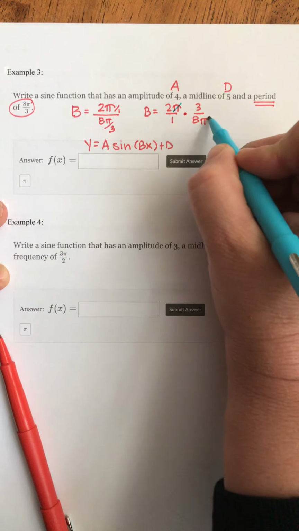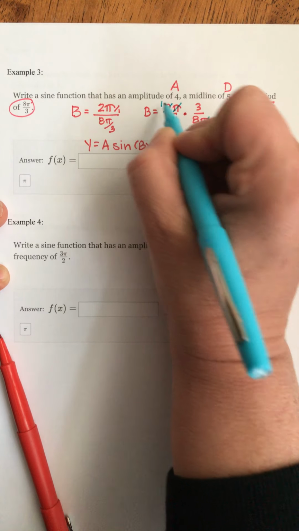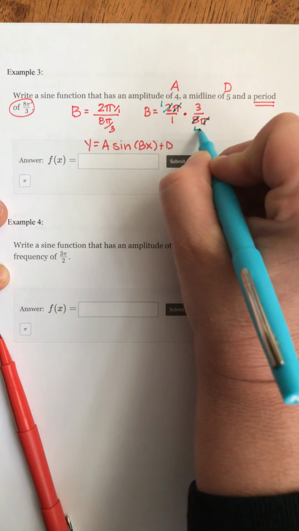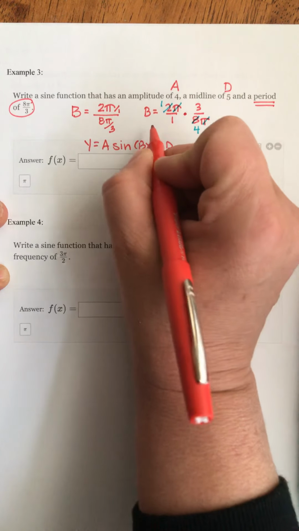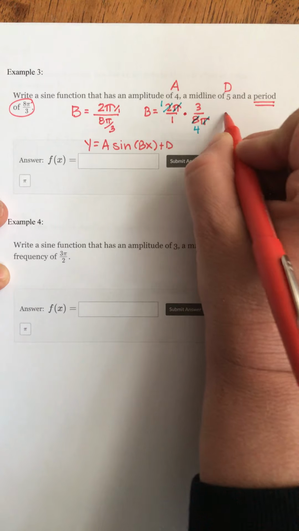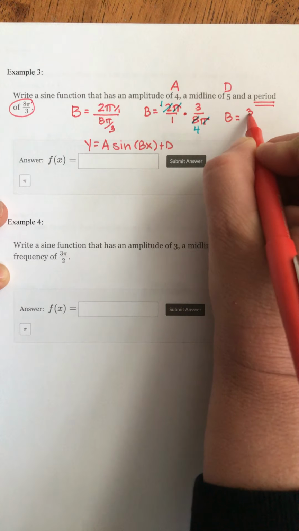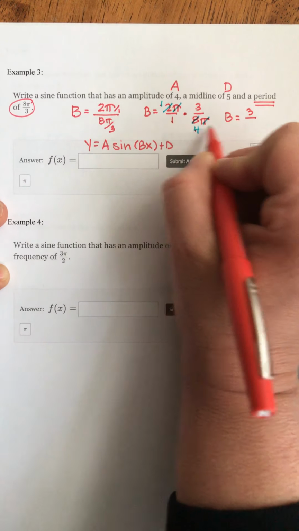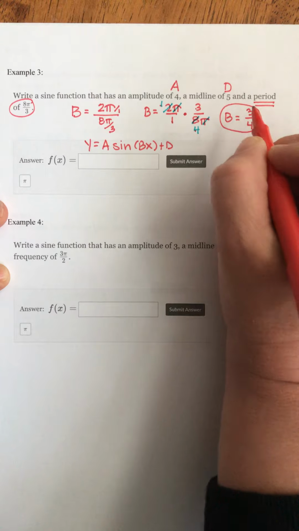The pi's cancel, and 2 and 8 have a common factor of 2. 2 divided by 2 is 1, and 8 divided by 2 is 4. Then I come back and I multiply across the numerators and multiply across the denominators. So b would be equal to 1 times 3 is 3, and 1 times 4 is 4. So my b value is a fraction.